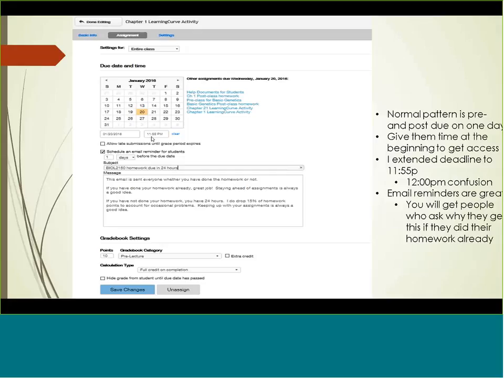The only potential problem is you get your overachievers who are worried that they've done their homework and now they're getting this email that says that they need to do it, so they email you to make sure that it was done and it was all good. So I send it out to everyone, whether you've done it or not, and if you've done it, that's great, but if you haven't, then you need to keep up with your assignments.